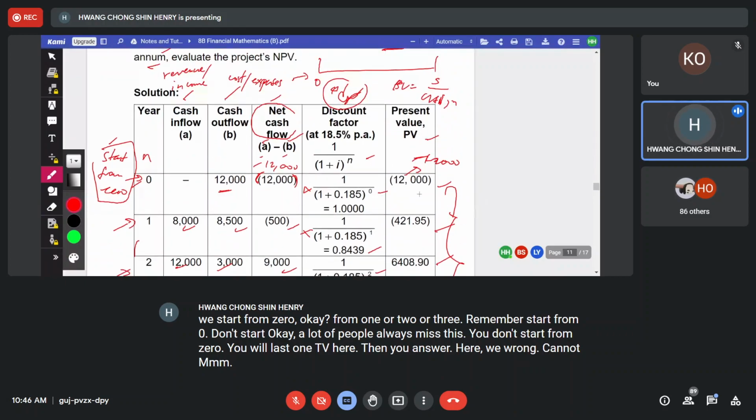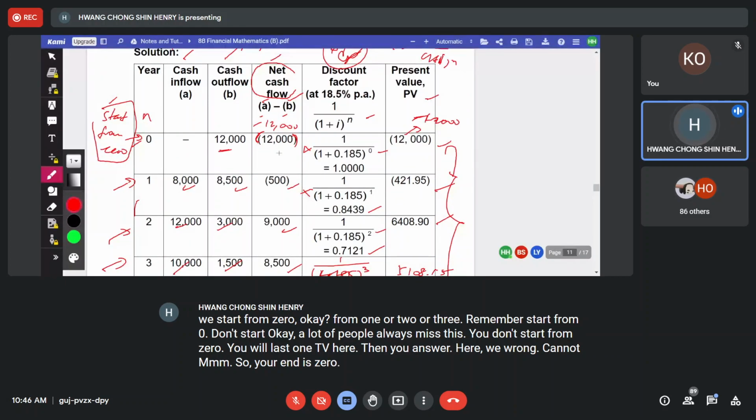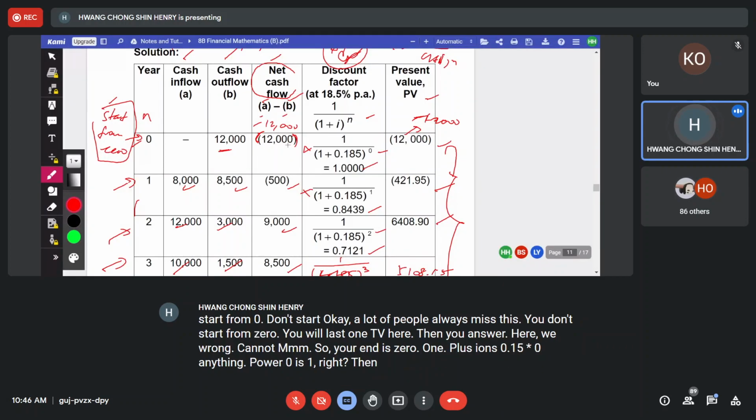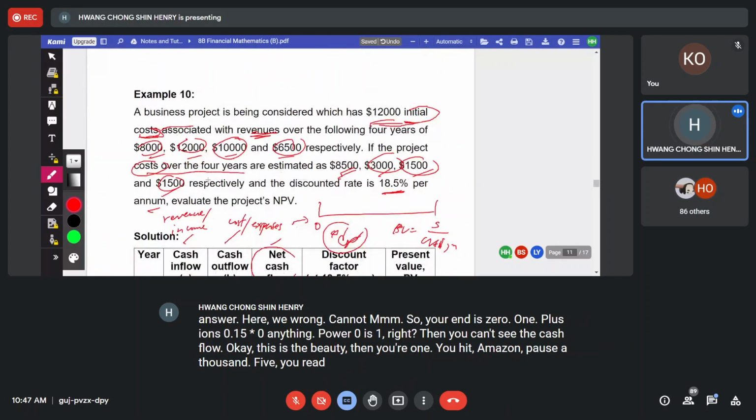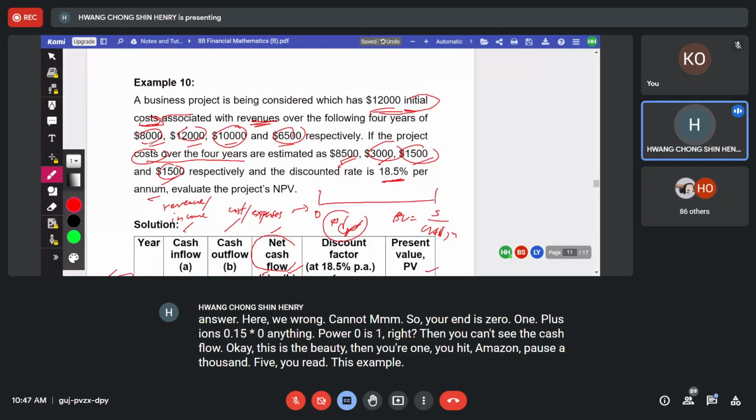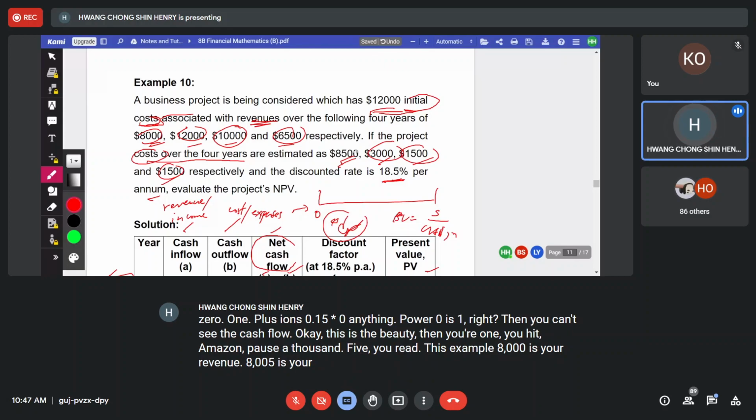So your n is 0. 1 plus i, 0.185, power 0. Anything power 0 is 1, right? Then you times with your cash flow, you get PV. Then year 1, you have 8,000 and 8,005. You read this example: 8,000 is your revenue, 8,005 is your cost.